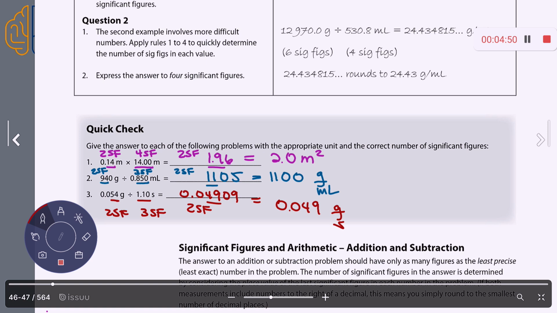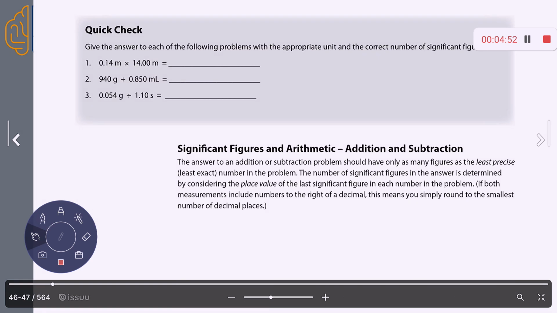All right, let's take a look at adding and subtracting. We're leaving the rule for multiplication and division, and I'm going to adding and subtracting. This is a completely different rule. So anytime that you are adding and subtracting with significant figures, what you want to do is line up the decimal and draw a line after the last place.